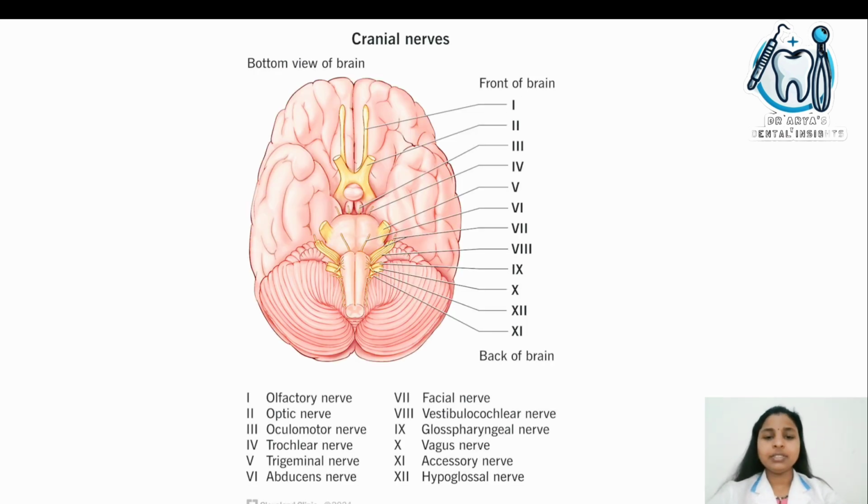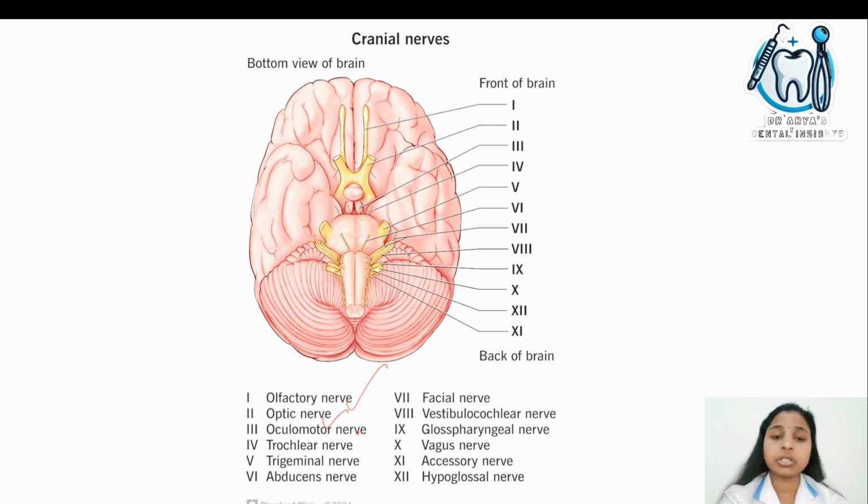So briefly on the cranial nerves. Here I have a mnemonic to remember the cranial nerves. First cranial nerve is olfactory. Second one is optic.